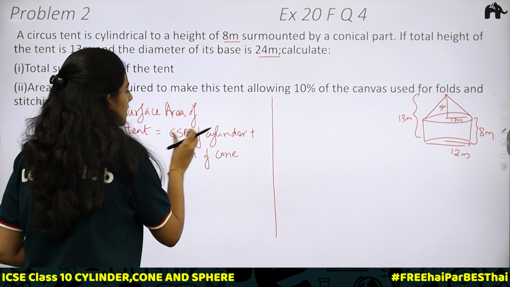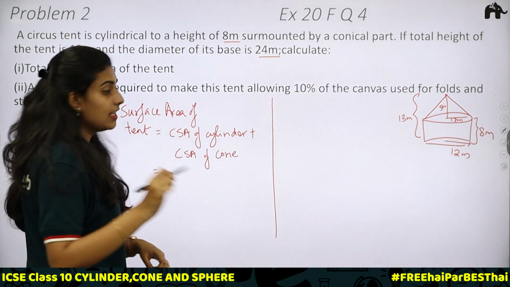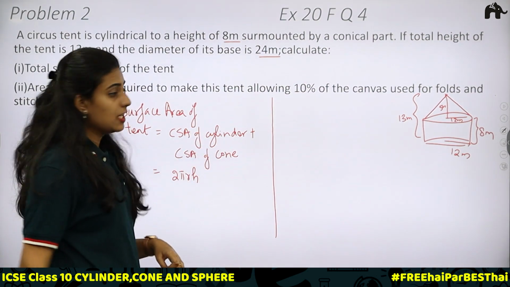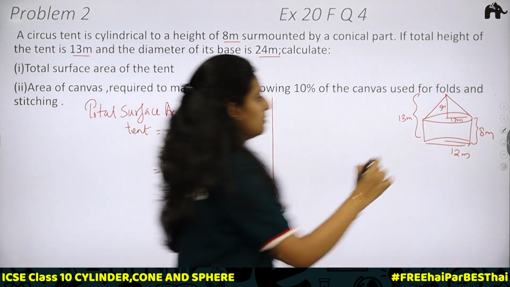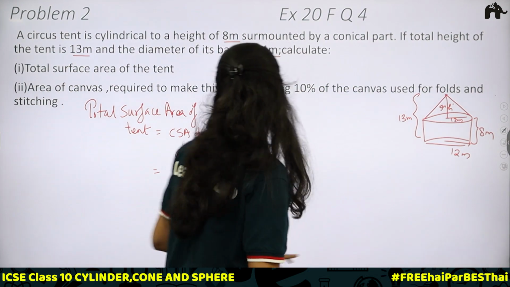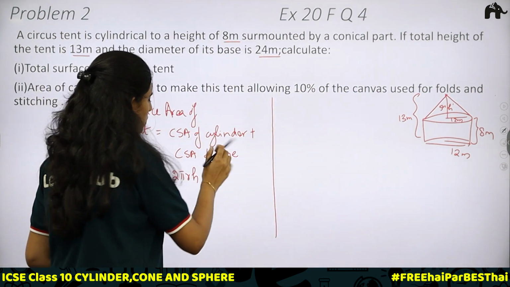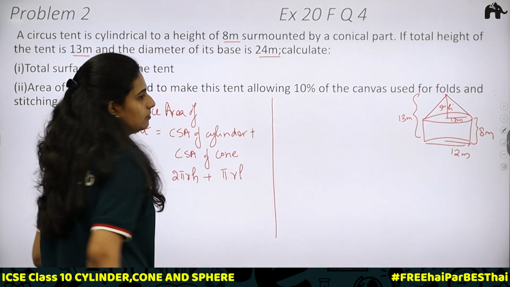What is the curved surface area of cylinder? 2 pi r h plus, let us take the height of the cone as some h dash, because we have taken h as the height of the cylinder. Then the curved surface area of cone will be equal to pi r L.